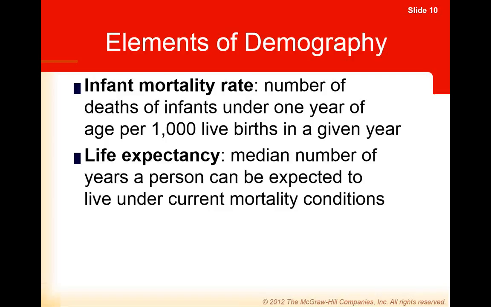One I haven't mentioned yet, or I may have mentioned just in passing, the idea of life expectancy. The median number of years a person can be expected to live under current mortality conditions, current health conditions. In the United States of America, I want to say it's roughly between 72 and 77, and the reason there's such a broad range there is women live an average of 5 years longer than men in our society.